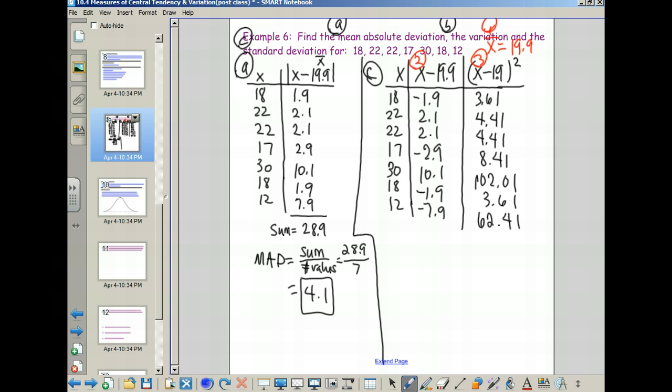Step 4 says to find the sum of the squares. That's kind of like this sum I did down here on the mean absolute deviation, right? So I'm going to find the sum of the squares.